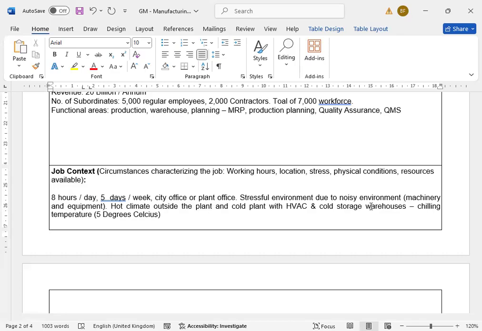And then what else? And freezing temperature. It should be negative 18 degrees Celsius. That's it.